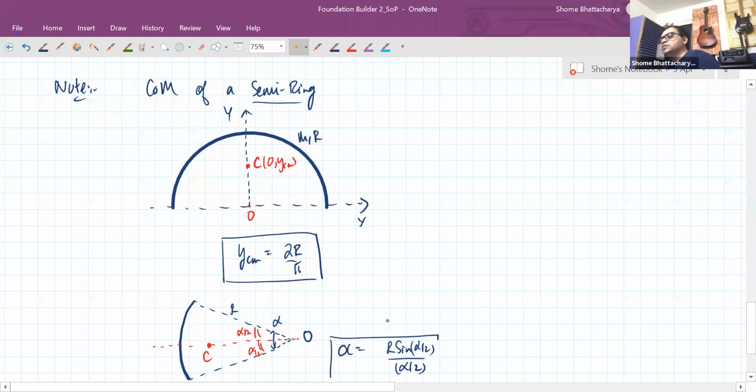So these are formulae with derivations done in session 3.